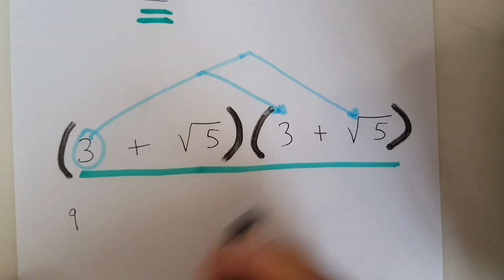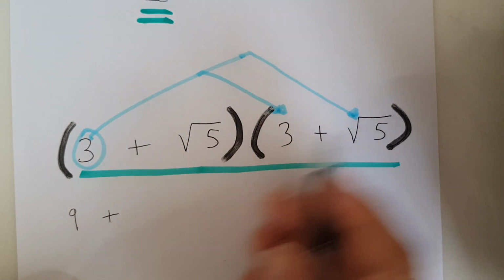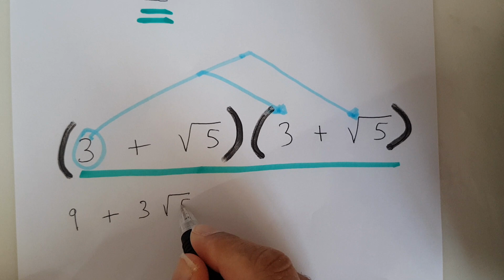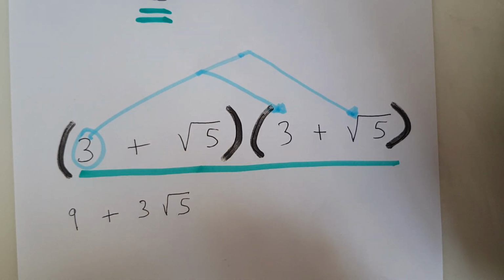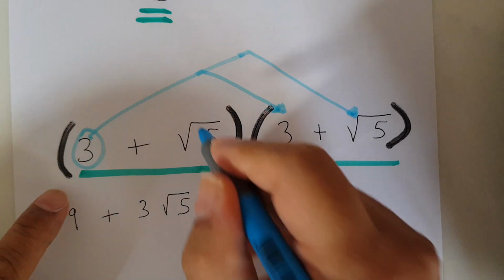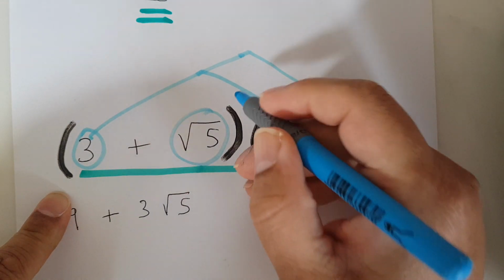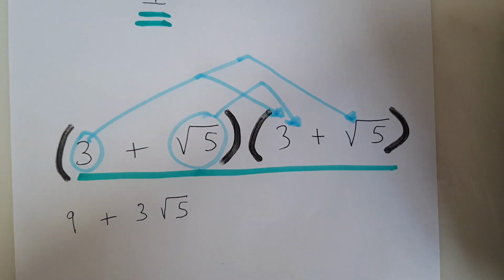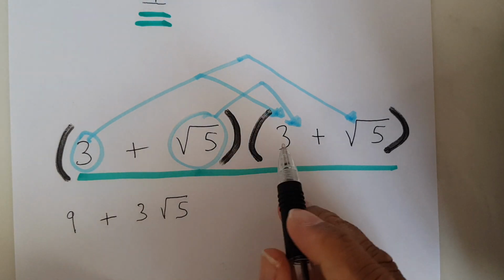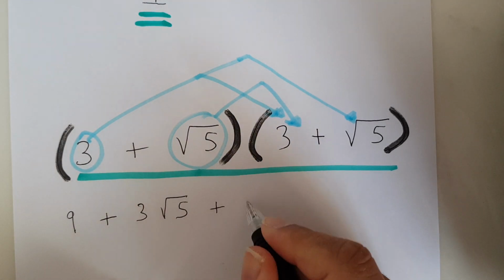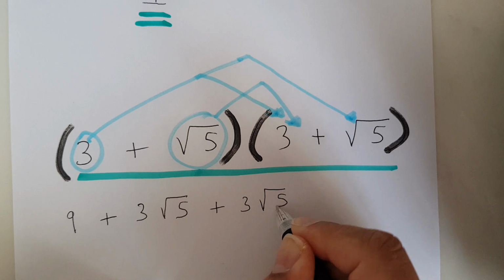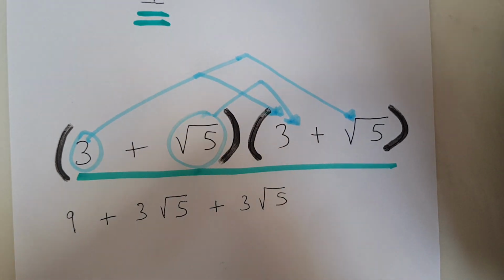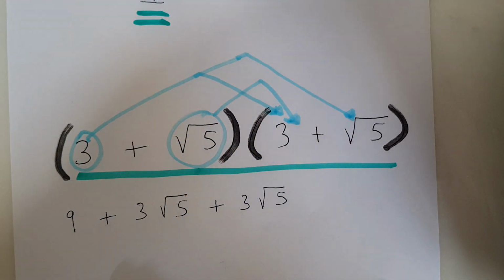So remember, they're all positives anyway, so plus 3 times that will become that. Okay? Now, we're going to multiply this by both of these. So that times that. So that times that, they're all positives. And then that multiplied by the end.